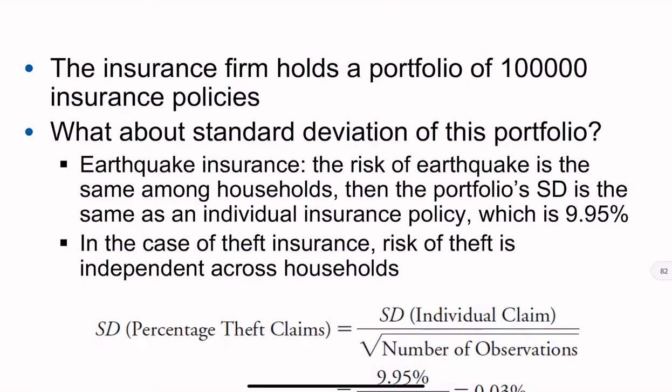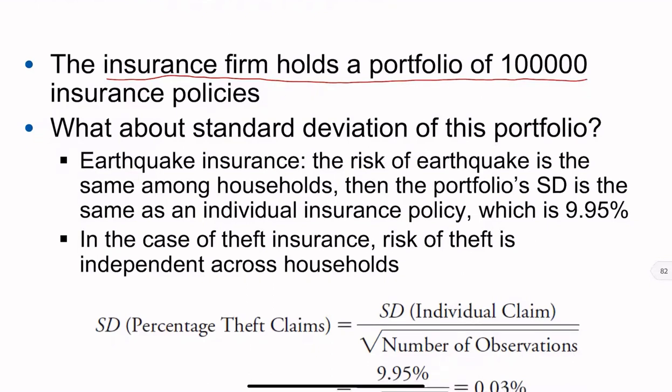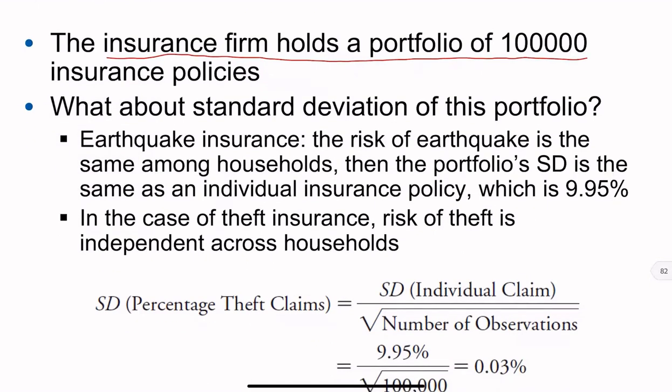Remember first, the insurance firm has a portfolio of 100,000 insurance policies. So to understand the risk of these two different portfolios, we need to calculate standard deviation. Now let's look at earthquake insurance. The risk of earthquake is the same among different households, right?